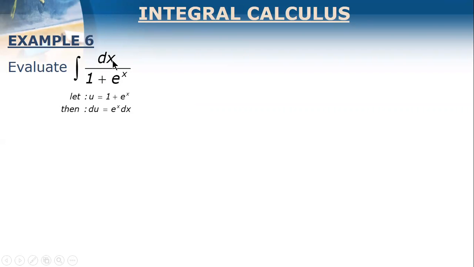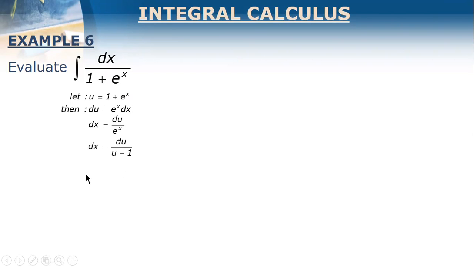So if you want to continue, this is what will happen. You replace dx by du. dx is du over e to the x. And you replace e to the x by u minus 1. From this one, when you solve for e to the x, it's u minus 1.